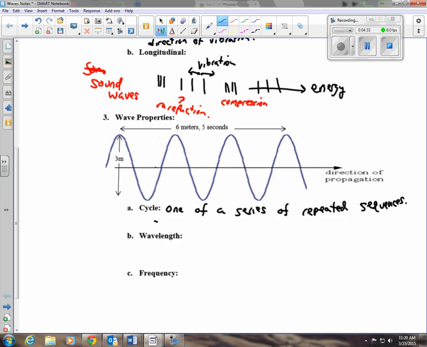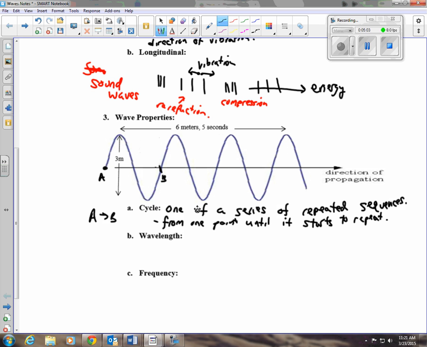It's basically from one point until it starts to repeat. So an example of that would be, say, from here I go up and down, come back up again, and that's where it starts to repeat. So I'll label A, B. So A to B would be one cycle.